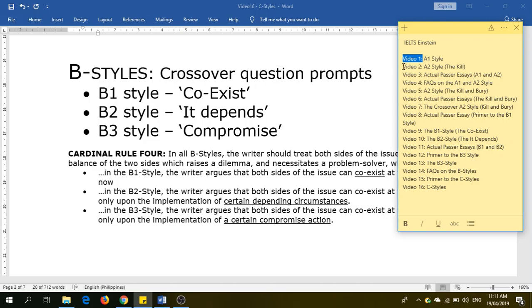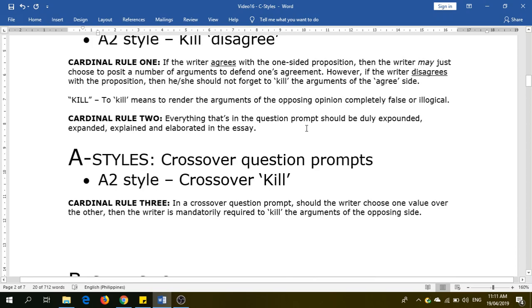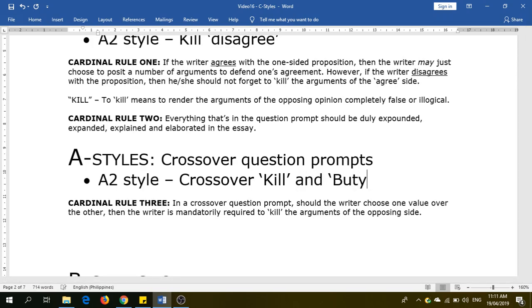And then the A2 style, or the kill style, is in video 2. But the crossover A2 style, that's in video 7. I'm sorry about that, that's crossover kill and bury. I've forgotten already. Alright, so that is the kill and bury style.